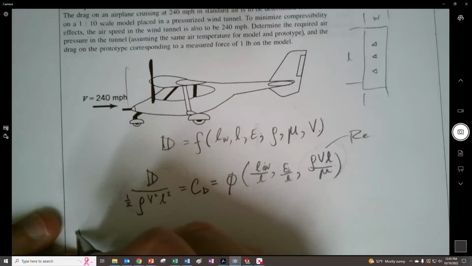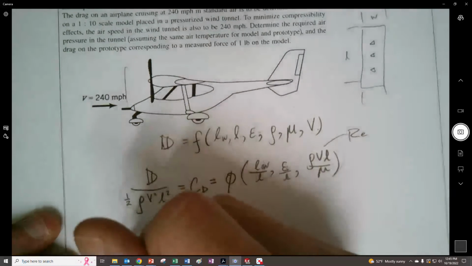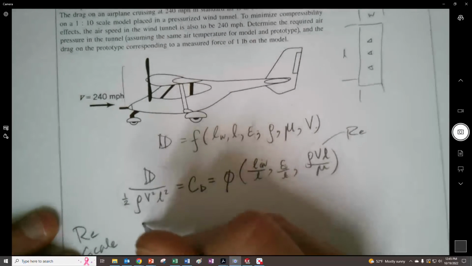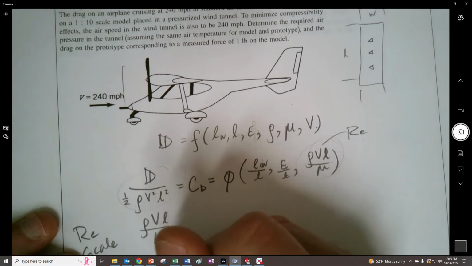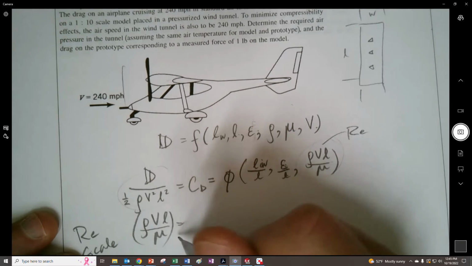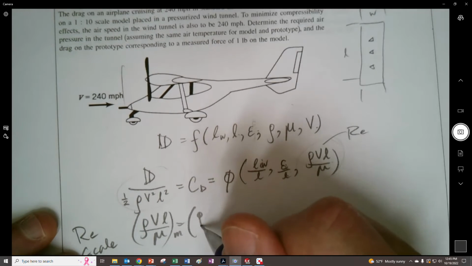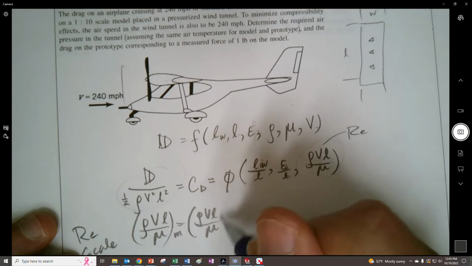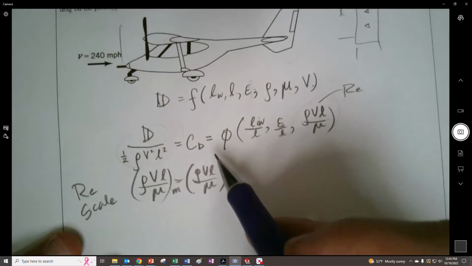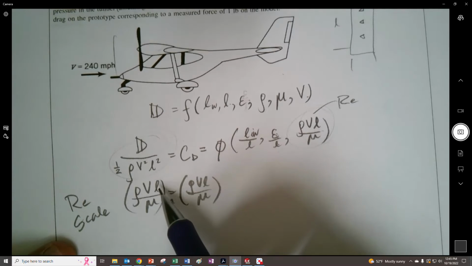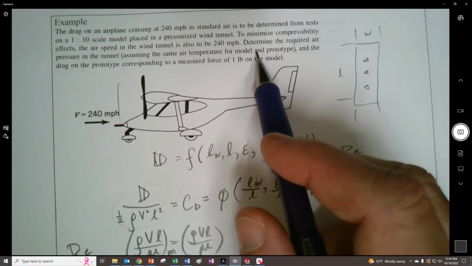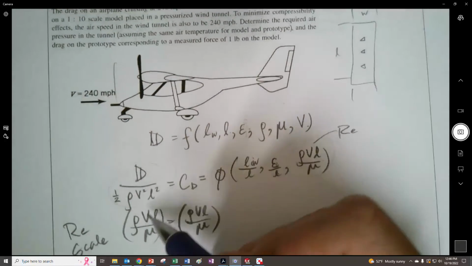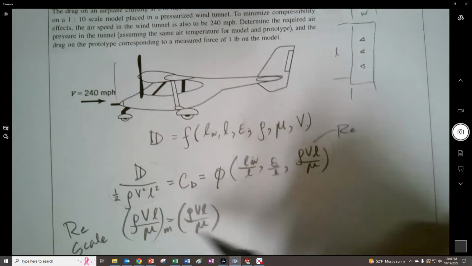So first let's get the Reynolds number scale set correctly. And we know that the Reynolds number for the model needs to equal the Reynolds number for the real thing. Our big trouble here is we want to find the pressure, and we know that the ideal gas law is going to give us a relationship with the density as well.